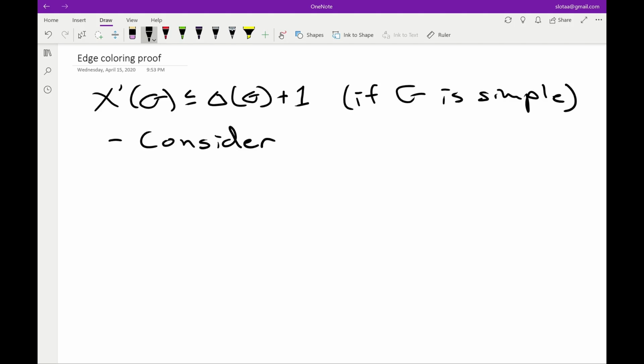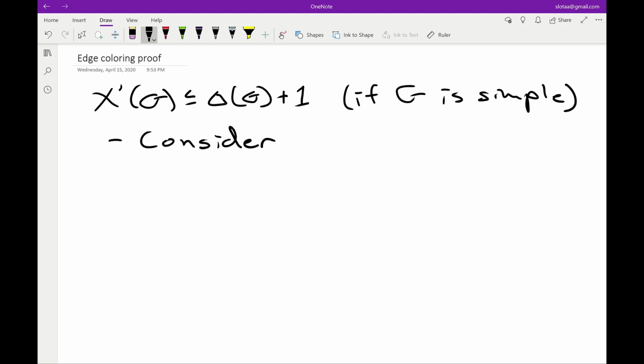The approach to this proof is that we're essentially going to consider some possible existing edge coloring on some subgraph and extend that coloring by a single edge while still retaining the bound.